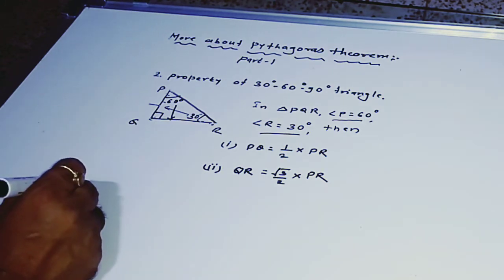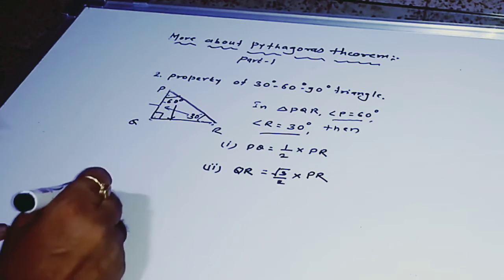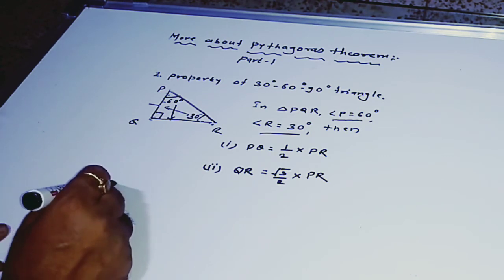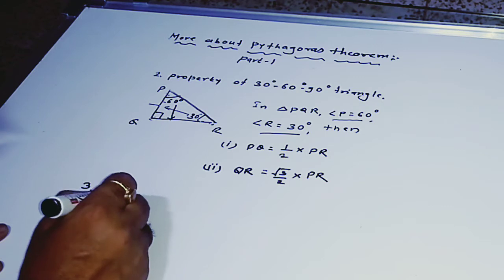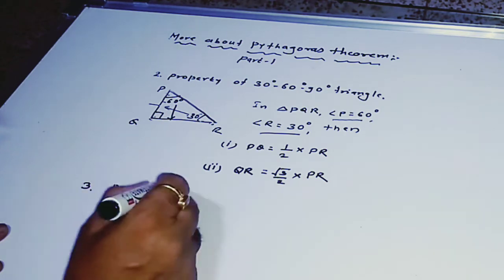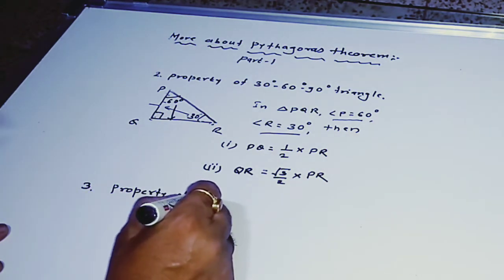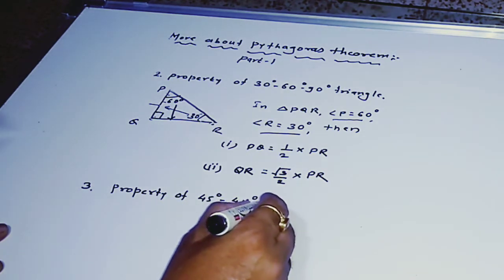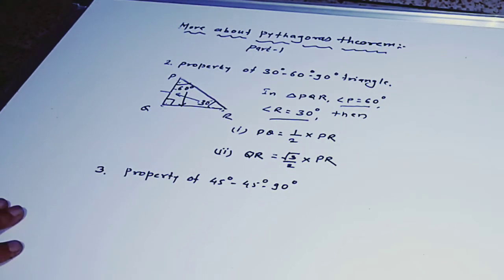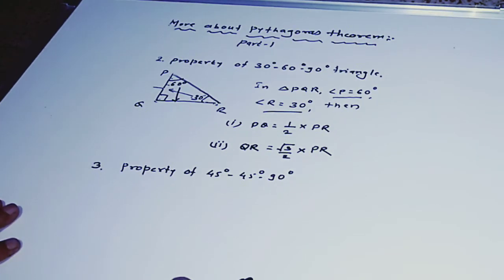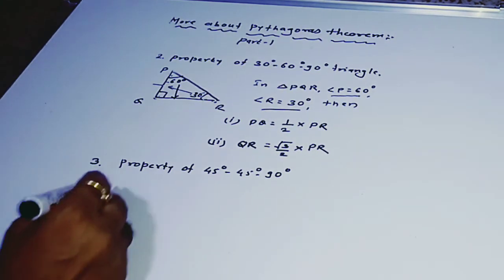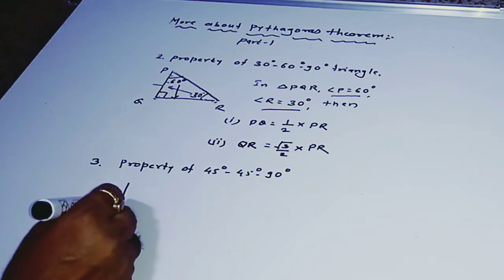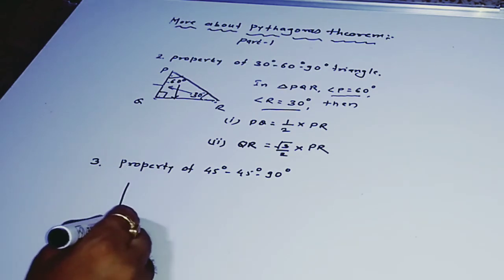Now the third property is the property of the 45, 45 and 90 degree triangle. What is a 45-45-90 degree triangle? Considering the triangle ABC, what is the relation of its sides?